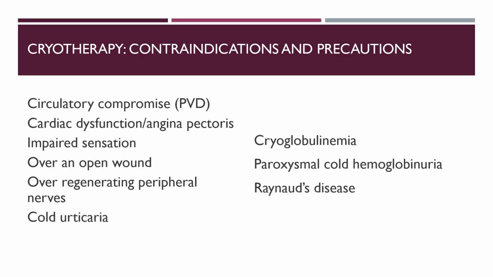This is going to be a really important slide for you all here to know these contraindications and precautions. So let's go over these really quickly here. So if somebody has circulatory compromise or PVD, peripheral vascular disease, we are not going to want to apply cold therapy to that patient. They already have decreased, let's say their arteries are kind of blocked a little bit. They have poor circulation.